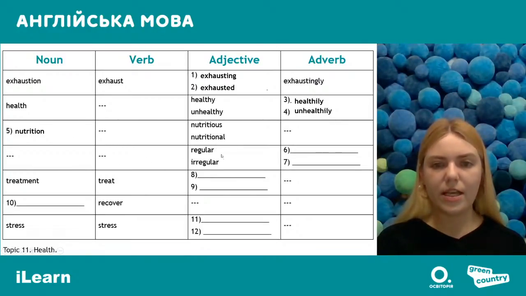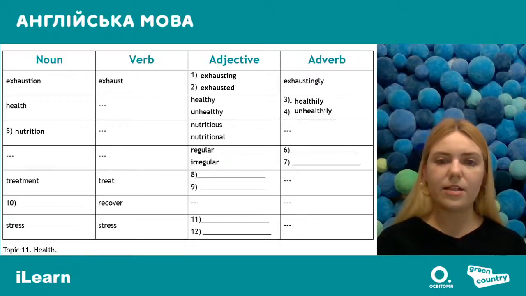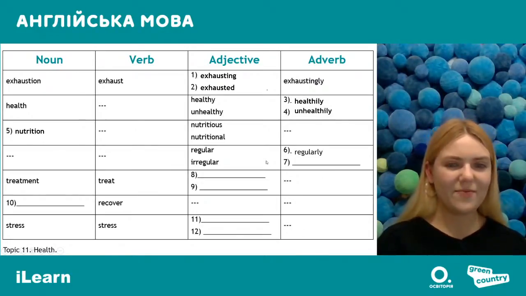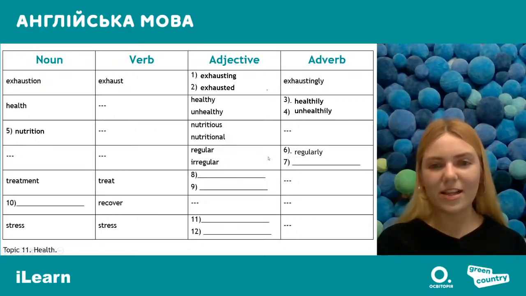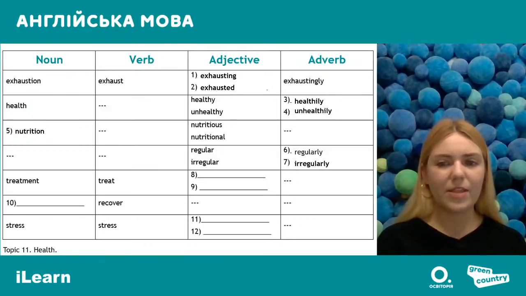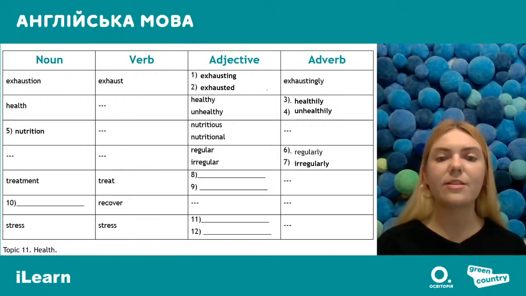Then regular, irregular, they are adjectives, and adverbs are... so that is easy, it's not tricky at all. We just add ly and that's it. Yes, right. That is regularly and irregularly. Good. So nothing special here, nothing difficult, nothing changes.